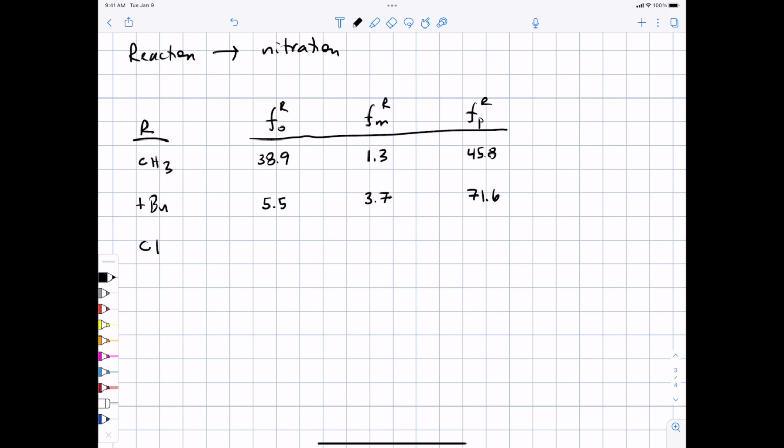So relative to toluene or t-butylbenzene, for chloro the rate of ortho substitution is much lower, and it's even way lower for the meta substitution, and then it's actually decently fast for the para position.